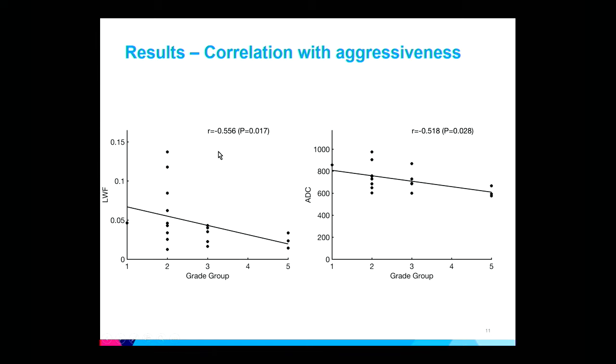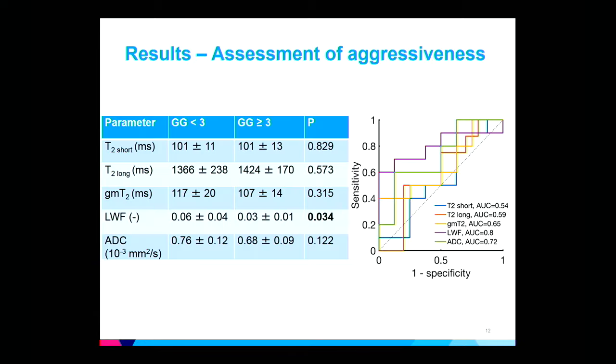For example, what you see here is that luminal water fraction showed a significant negative correlation with the grade group, which was also a slightly stronger correlation than with the ADC. Interestingly, when we compared the different parameters between low-grade and high-grade prostate cancer, so grade group below 3 and equal to or higher than 3, we found that the ADC was not significantly different between low-grade and high-grade cancer, which has been shown in previous studies, while the luminal water fraction actually did show a significant difference between the different tumor grades.